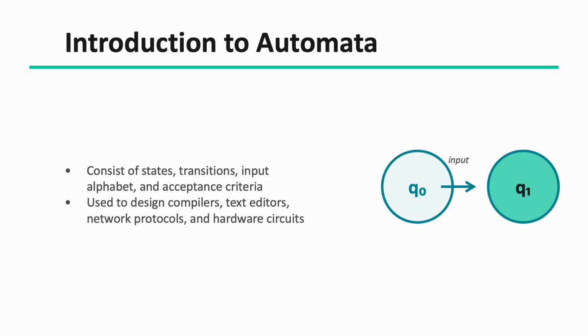They are also used in text editors to provide features like auto-completion or highlighting errors in real time. Even network protocols, which govern how data is transmitted over the internet, and hardware circuits like those in your smartphone or computer rely on finite automata to ensure everything operates smoothly and predictably.